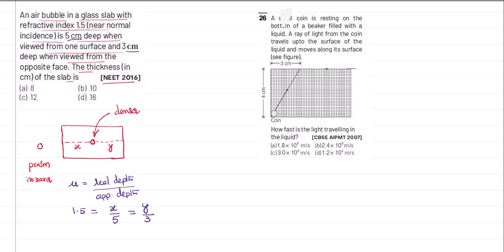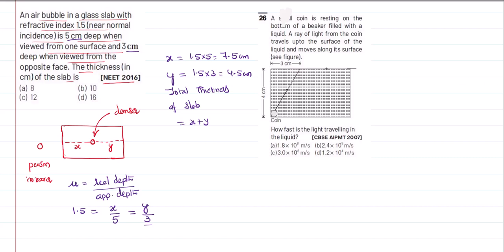So we can find the value of x is 1.5 into 5, that is 7.5 centimeters. The real depth from the other surface, y, is 1.5 into 3, that is 4.5 centimeters. So the total thickness of the glass slab is x plus y.